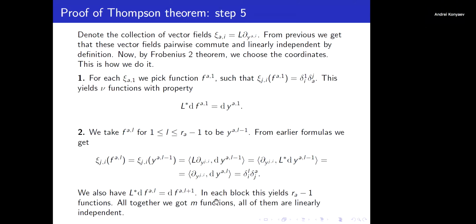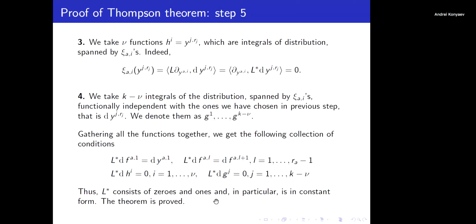Okay, now step 3. We need to get the integrals, right? But it turns out that some of our functions are already integrals, some of our coordinates. Especially those coordinates, the ones in each block, the last coordinate is an integral for our vector fields, it turns out.